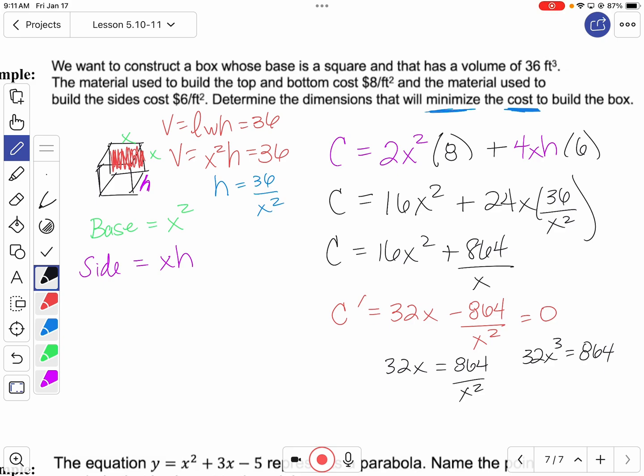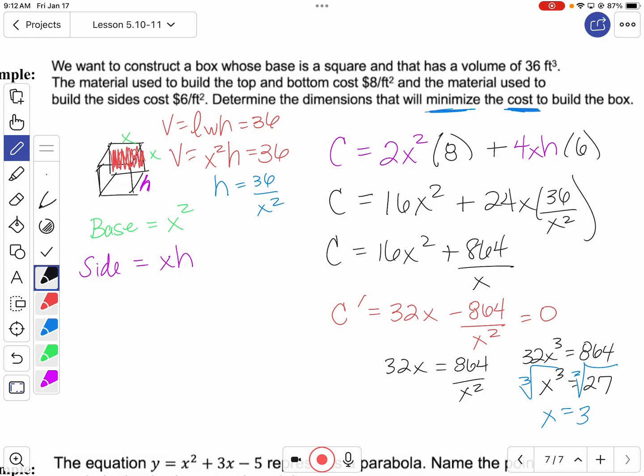Divide, I believe that's a 27. And then we take a cube root. And so what does x equal? 3. I like it when it's a nice pretty number. So x is 3.